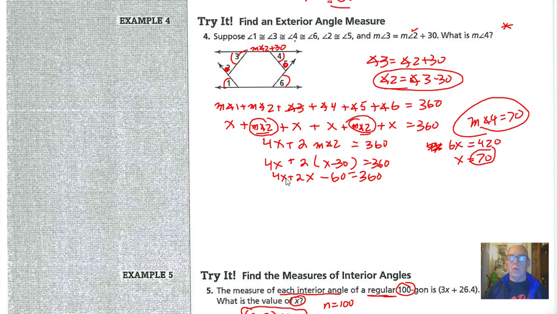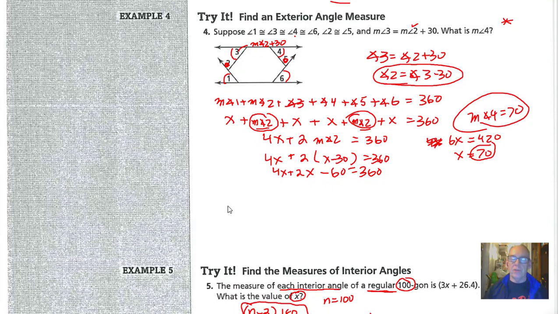When we simplify, we end up with 6x take away 60 is 360. That leaves x being equal to 70. So x is equal to 70, and x is basically what we let each one of these missing angles represent. And angle 4 is x, which is 70 degrees.